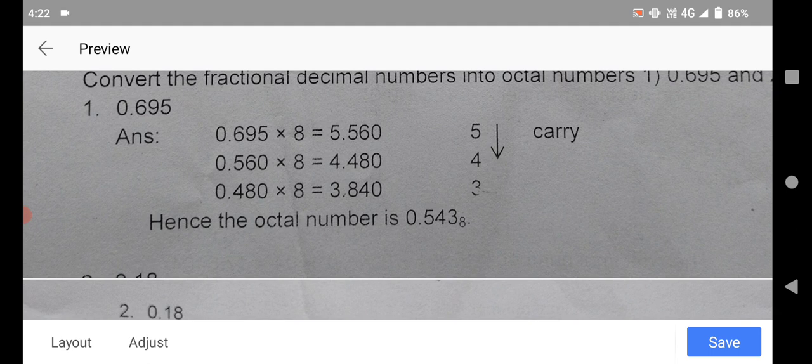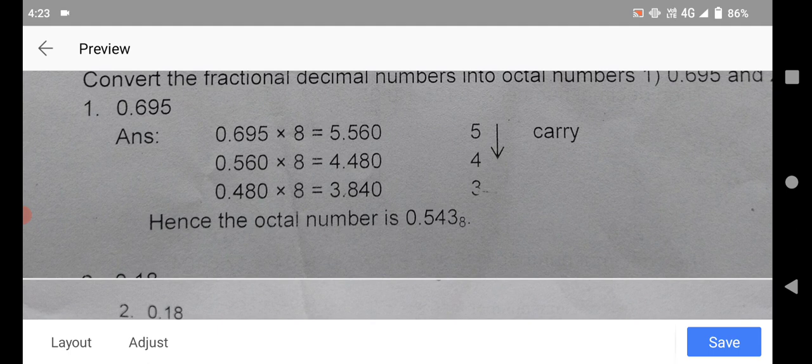This fractional number is again multiplied by 8, and 0.480 multiplied by 8 is equal to 3.840, and note down the carry 3. Okay, here we note down the carries 5, 4 and 3. Okay, these carries are taken in the octal number in the up to the down sequence.